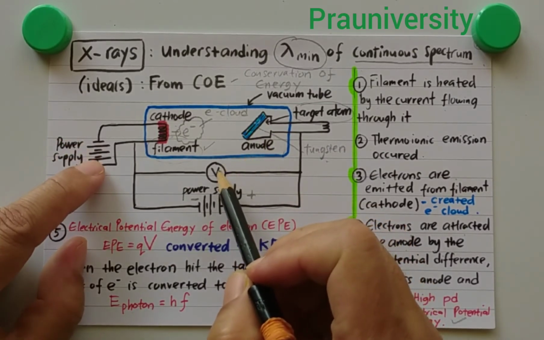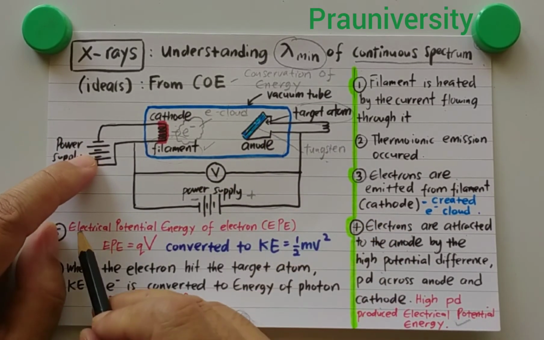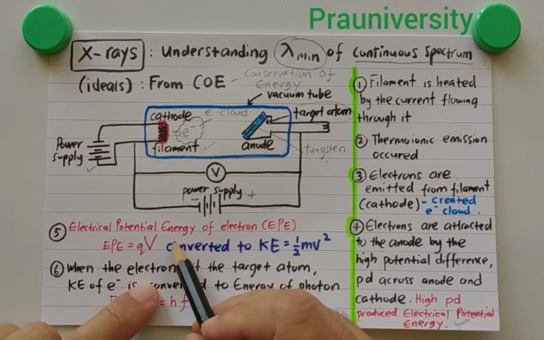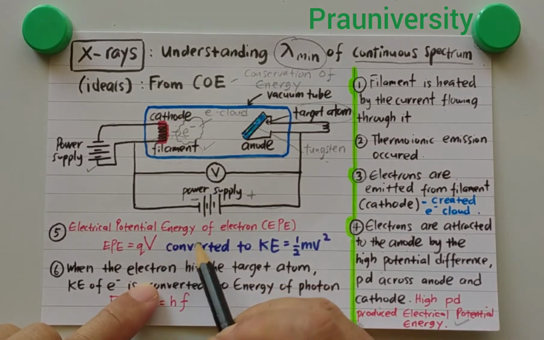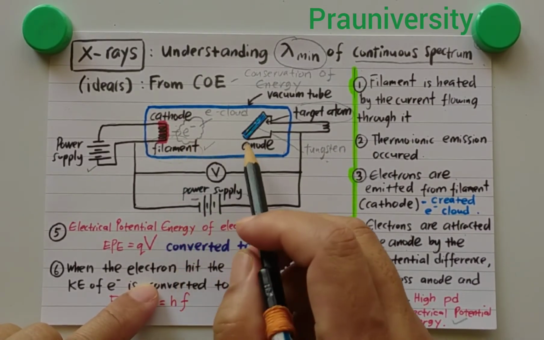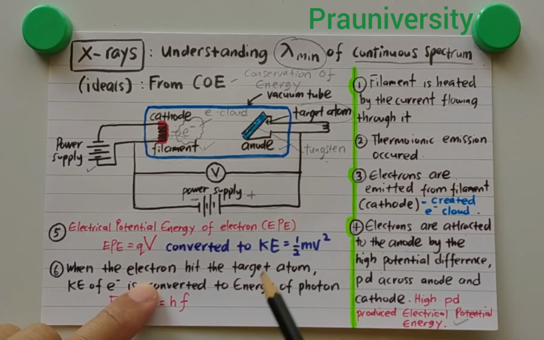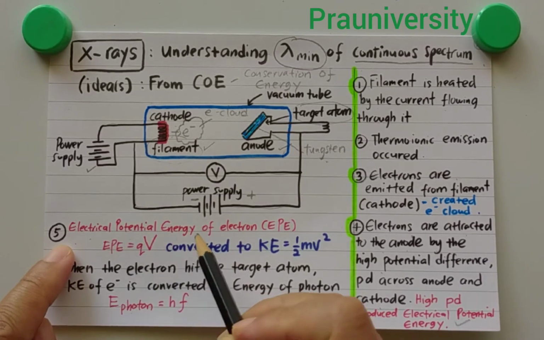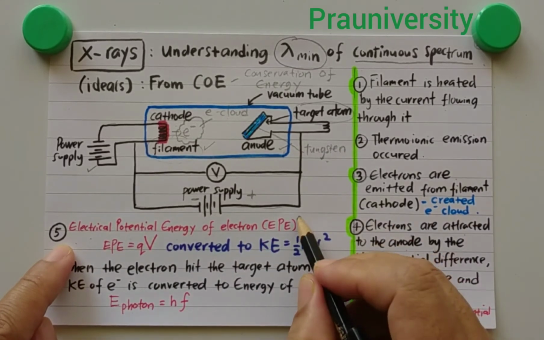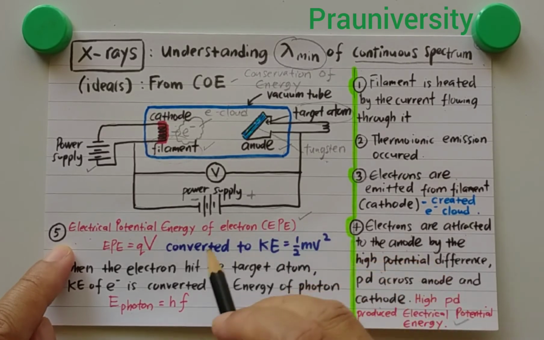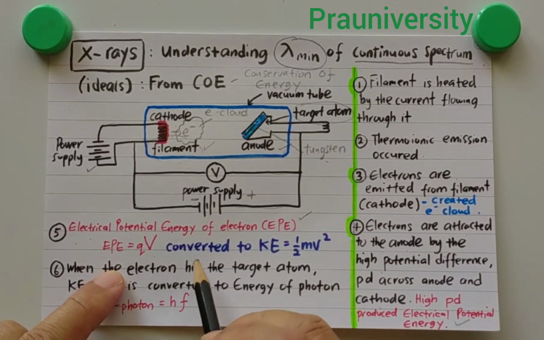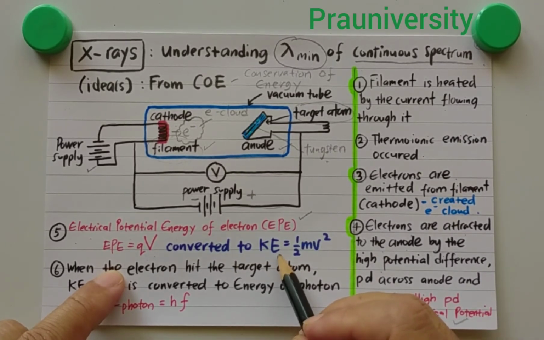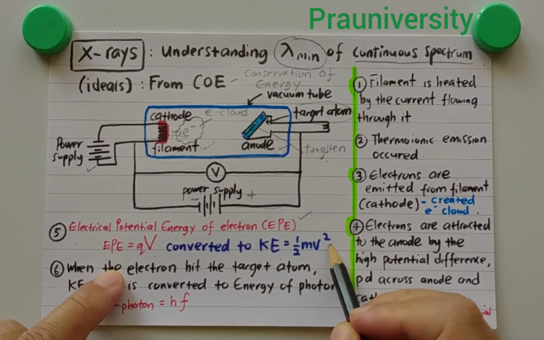So the potential difference produces the electrical potential energy, and because of the electrical potential energy, the electron is accelerated to the anode. So we continue. Number 5, electrical potential energy of electron, or short name EPE, is equal to QV, and then is converted to the kinetic energy of electron, half mv power of 2.